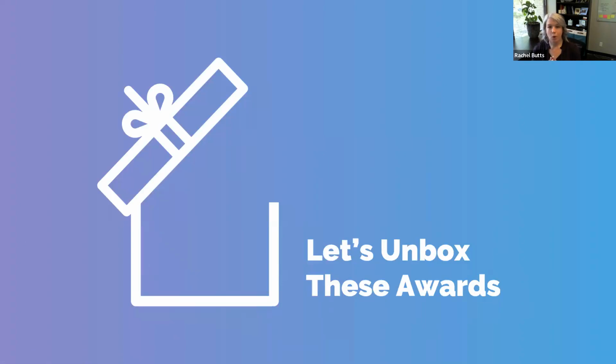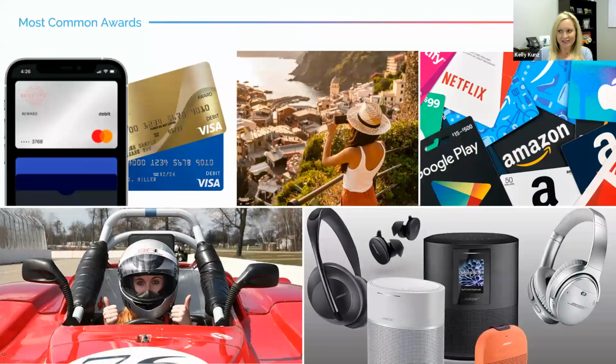So, what do we have for you today? Let's start with you, Kelly. A couple random questions to begin with. What are some of the most common award types that we are seeing in the industry? Great question, Rachel.